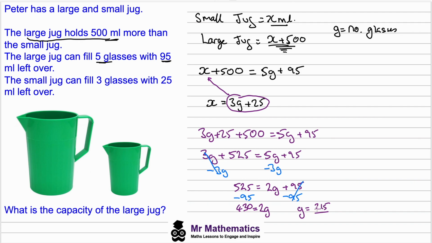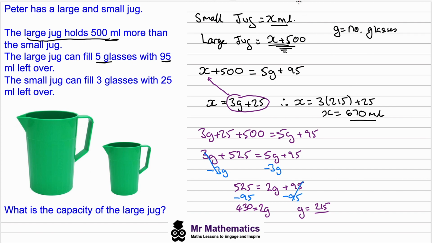We can substitute this value of G back into this equation. So therefore, X will equal 3 lots of G plus 25. We can work this out on our calculators, and X is 670 milliliters.